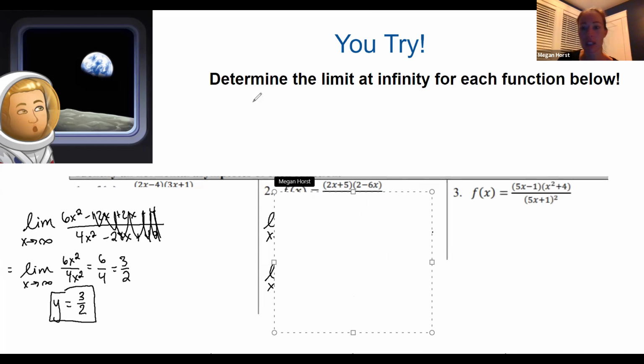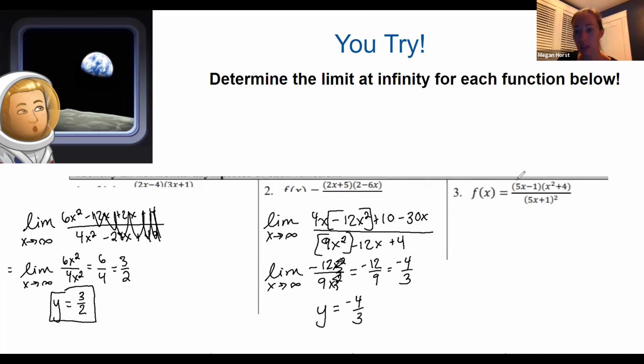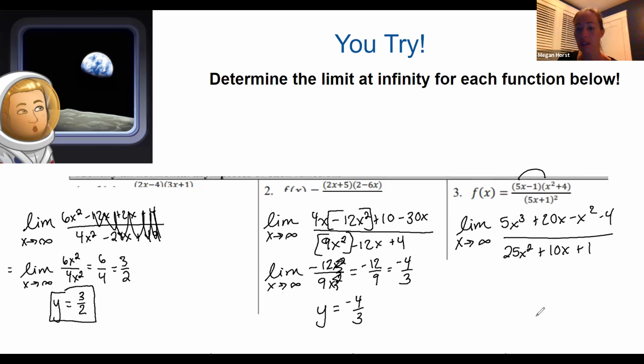All right, in this last one, notice we're going to have a cubic term now, so things are going to be a little bit different. So I'm going to take the limit as x goes to positive infinity. I have 5x cubed plus 20x subtract x squared subtract 4 all over 25x squared plus 10x plus 1.